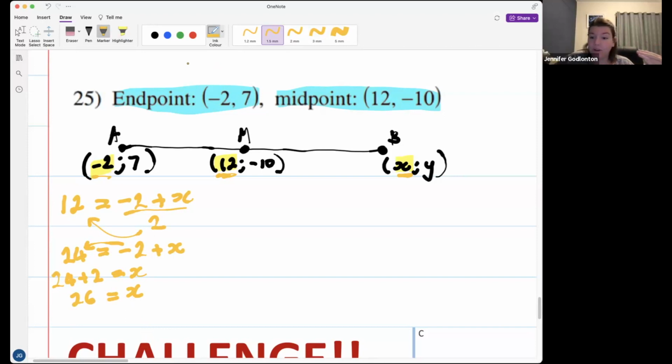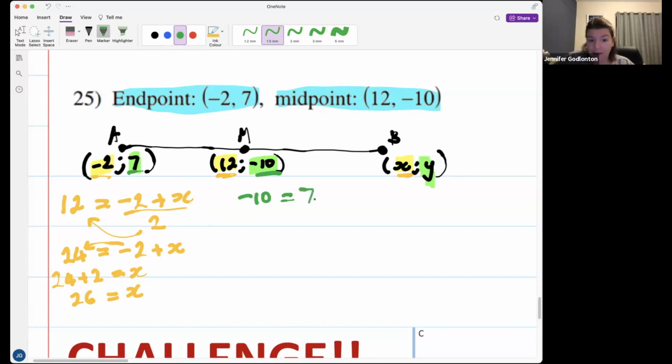Then we look for the Y values. Okay, so our Y values, we've got 7, -10, and Y. Sometimes you just need to see it for a second time and it falls into place. Our midpoint is -10.